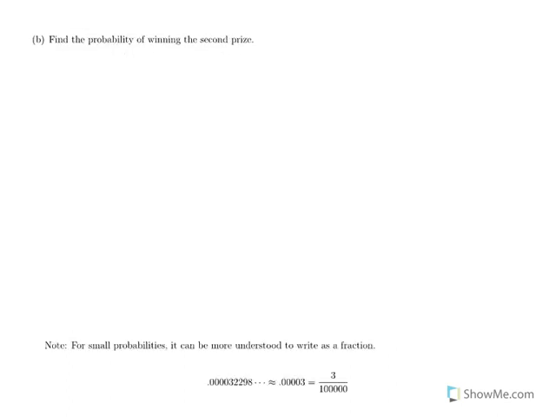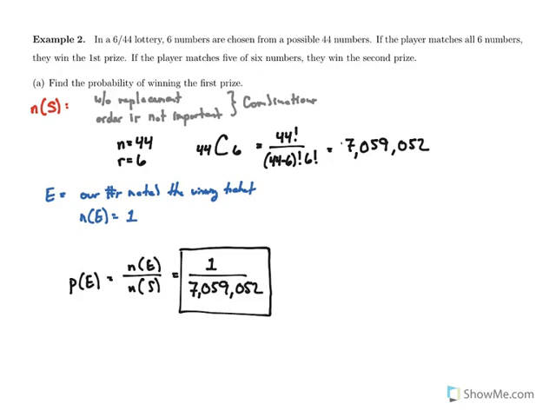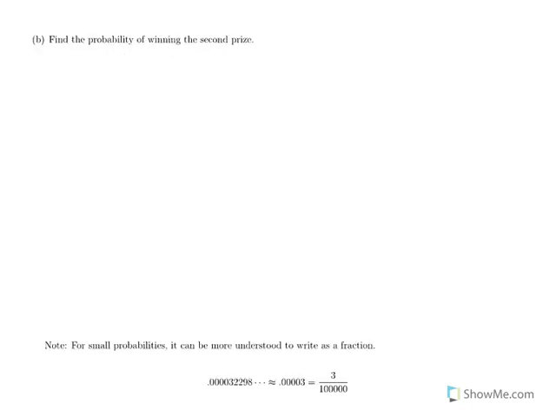The next question says, what's the probability of winning the second prize? The second prize says that we match 5 of 6 numbers. So note that the size of the sample space is the same. There are still that many tickets possible, but now our event, which is we match 5 of 6 numbers, has a different size.